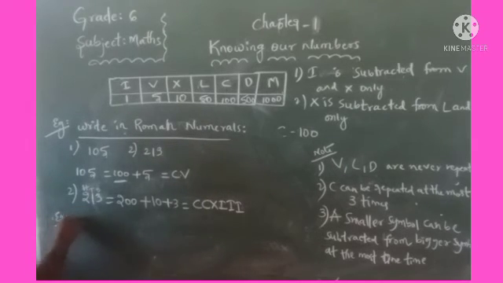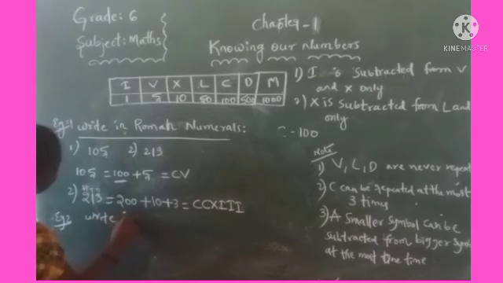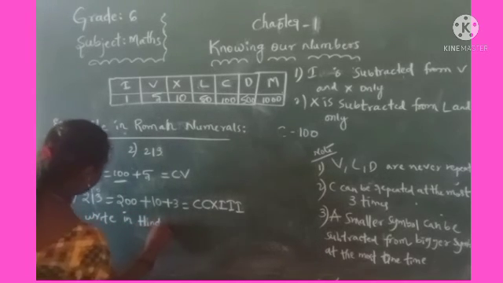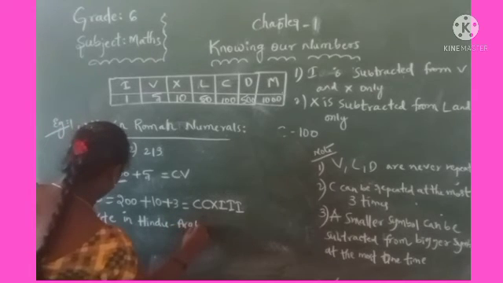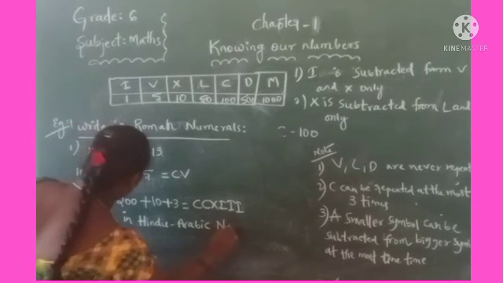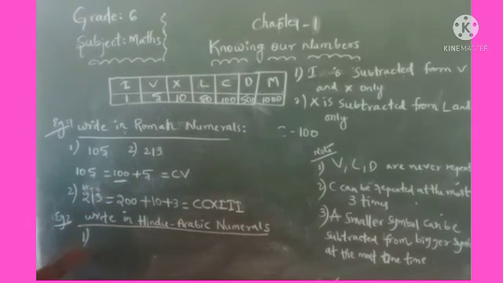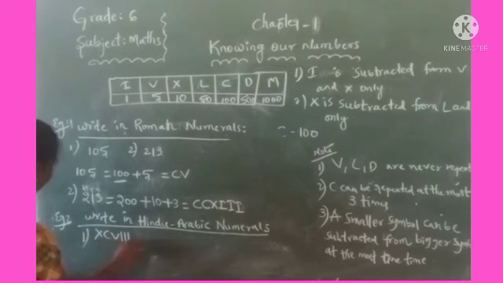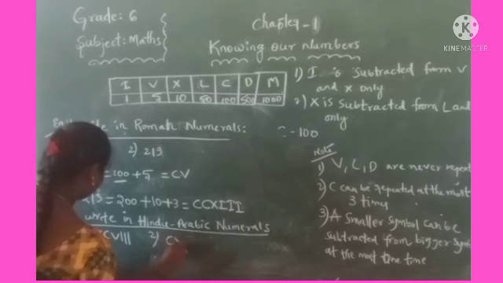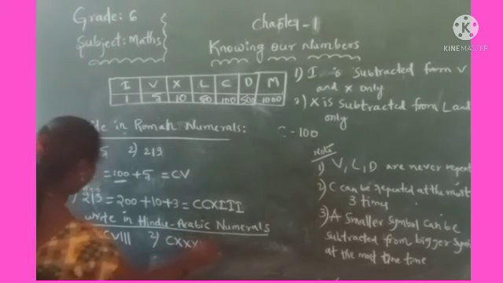And the second example, see here: write in Hindu-Arabic numerals. The first problem is XCVI, and the second one is CXXXV.